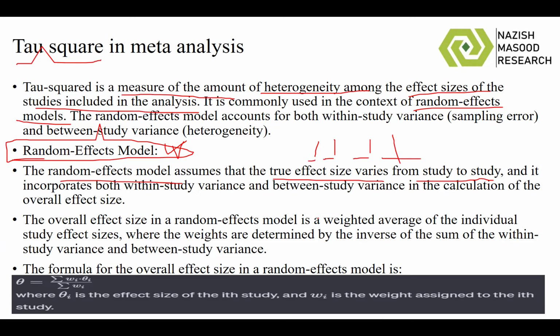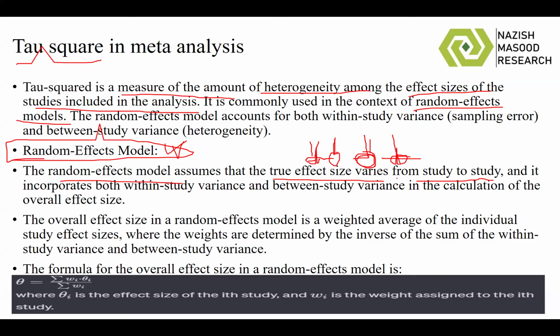There might be inherent difference in the overall populations that you are taking these studies from, even though the interventions might be the same. And so we assume when we are applying random effect model that there is an inherent difference in these studies in terms of the population sizes, in terms of the sample sizes.